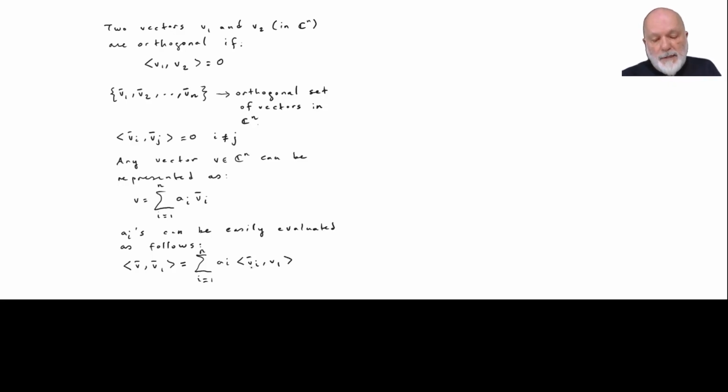Now we know that vi bar will be orthogonal to v1 bar when i is different from 1. Therefore, this summation will reduce to a single term, a1 times the inner product of v1 bar with v1 bar.